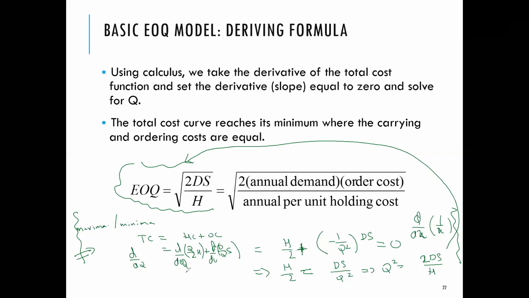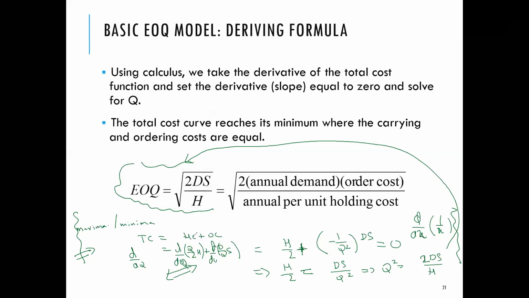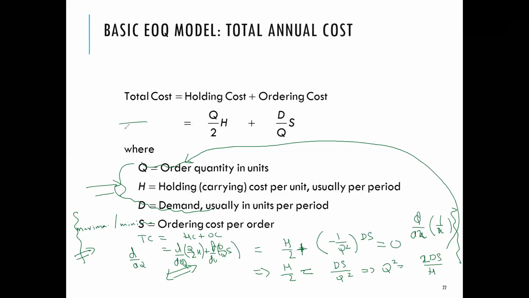But the reason I am giving you this explanation is because some students historically have asked me how you get the EOQ formula from this equation. So that is how we get the EOQ formula. Again, the formulas will be provided to you in the exam. When I say formulas, I refer to the EOQ formula and the total cost formula.